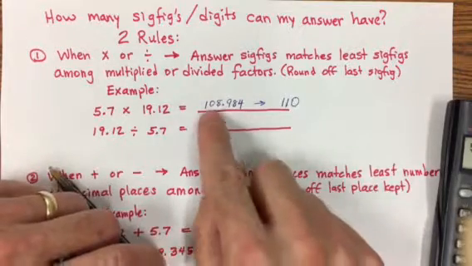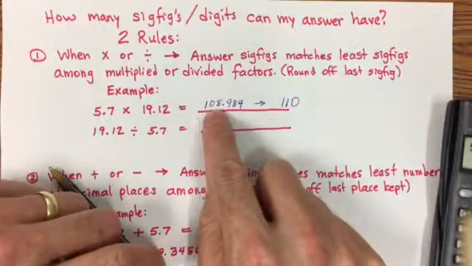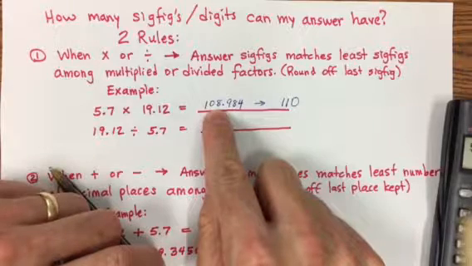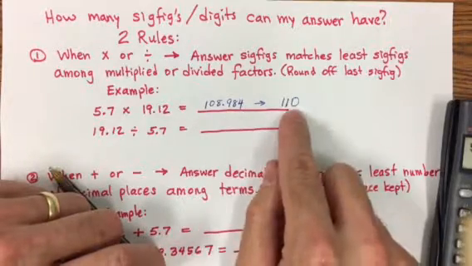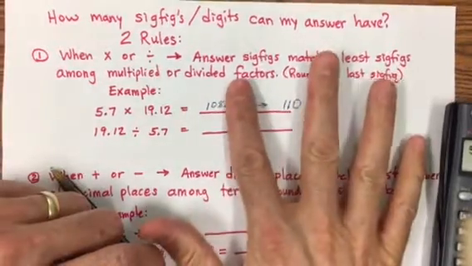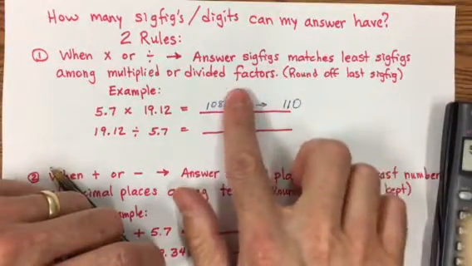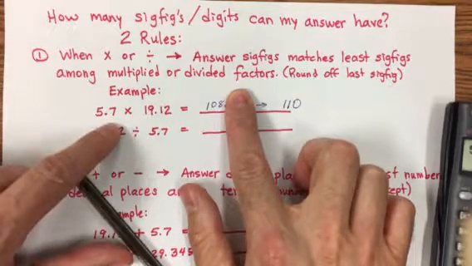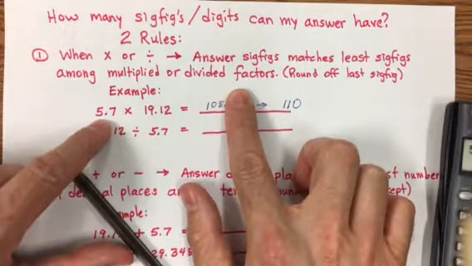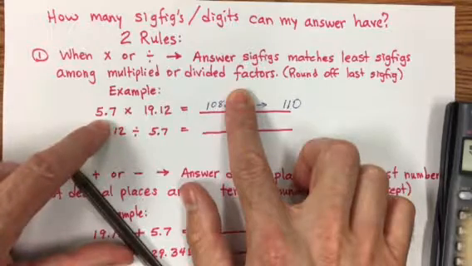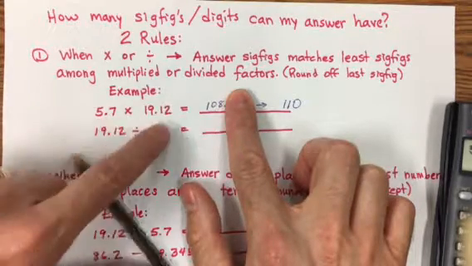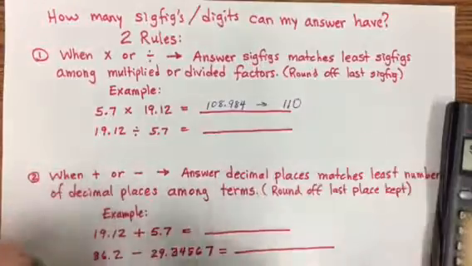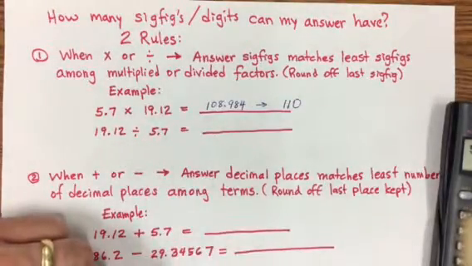If I wanted to keep the 108, which many of my students do, that would be 3 significant figures. 108, or let's say 109, if I rounded the 8 up, would still be 3 significant figures. I have to only keep 2 significant figures in my answer because 5.7 is the least number of significant figures among the factors.